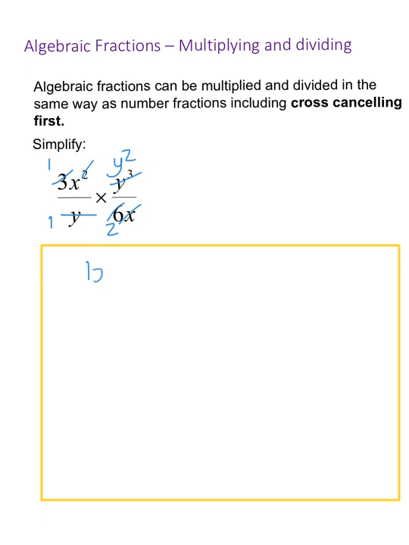So that gives me 1x over 1 multiplied by y squared over 2. And we then multiply across. So multiplying numerators will give me x y squared and 1 times 2, which is 2.